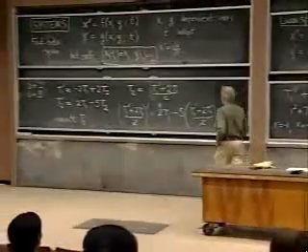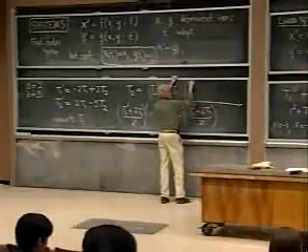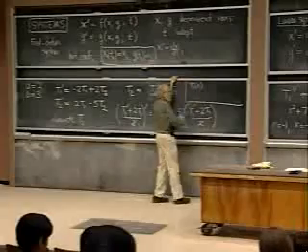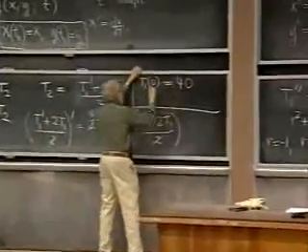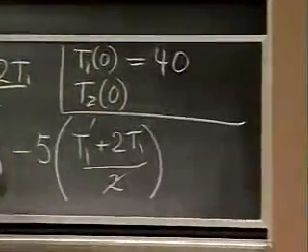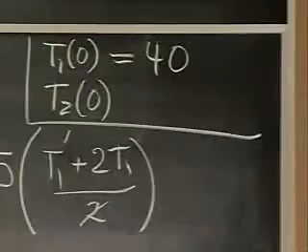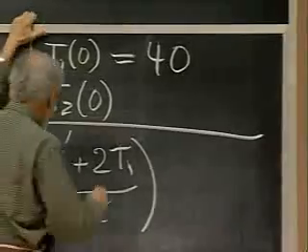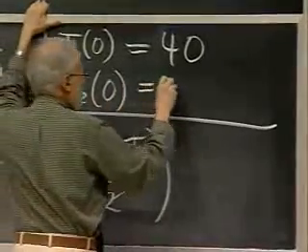Let's say the initial temperature of the yolk when it's put in the ice bath is 40 degrees Celsius. And T2, the white, should be a little hotter because the yolk is always cooler than the white for a soft-boiled egg, or a hard-boiled egg if it hasn't been chilled too long. So let's make this 45.